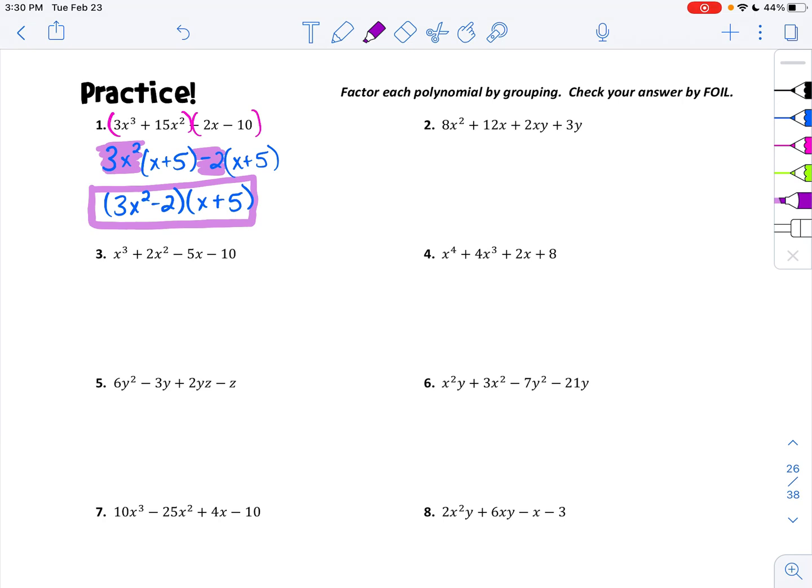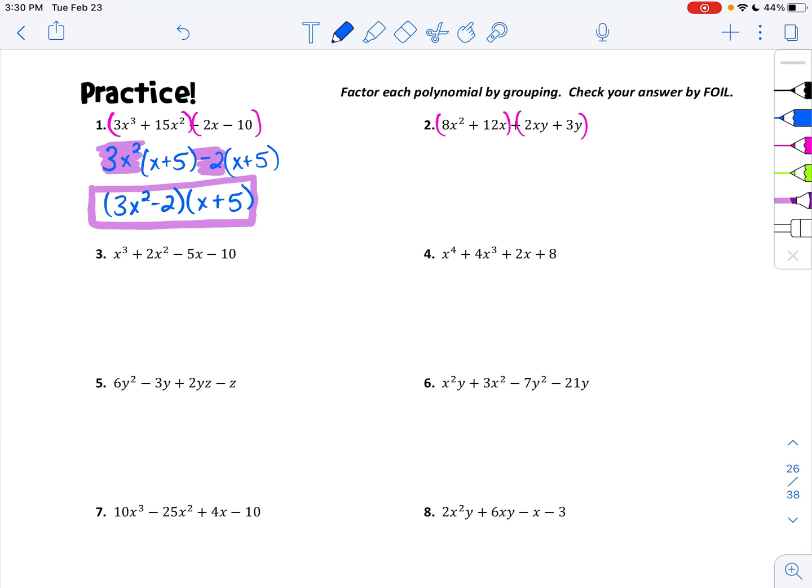Number 2, I have a polynomial with 4 terms. There's not a greatest common factor that I can factor out, so I'm going to factor by grouping. Grouping my first 2 terms together and my last 2 terms together. Then I'm going to factor out the GCF of each of those groups.